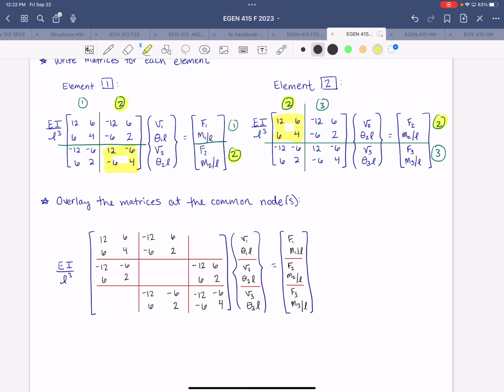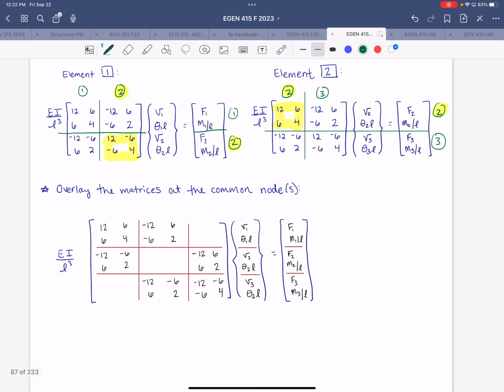So that's those 2 by 2 quadrants that I just highlighted. Those are going to be placed in the node 2 column and row of the overlay. So I'm going to label our overlaid matrix. We have node 1, node 2, node 3 for the columns, node 1, node 2, node 3 for the rows.